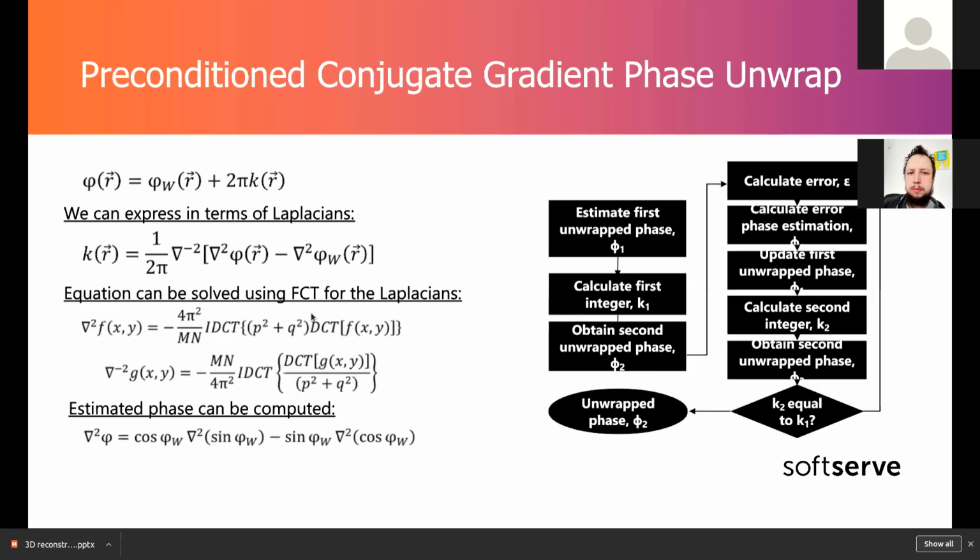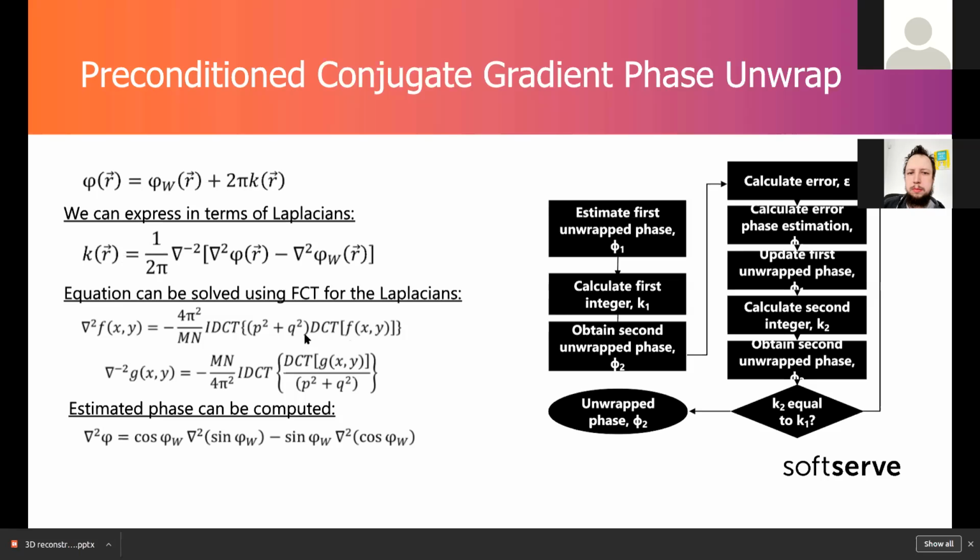So in terms of the algorithm, we firstly estimate our unwrapped phase phi, like our original image, then we calculate the first integer k using this equation. This equation is a pure mathematical model, but it's straightforward.